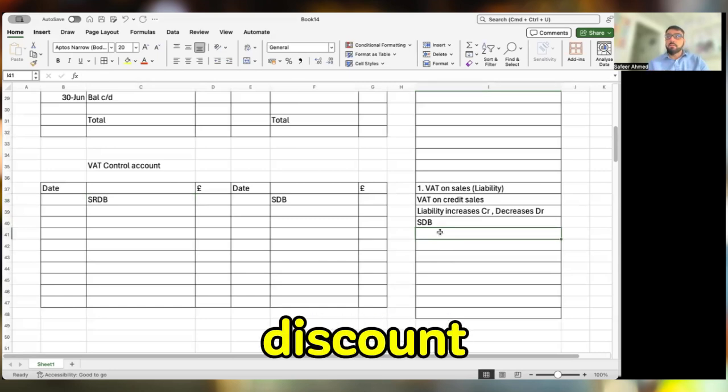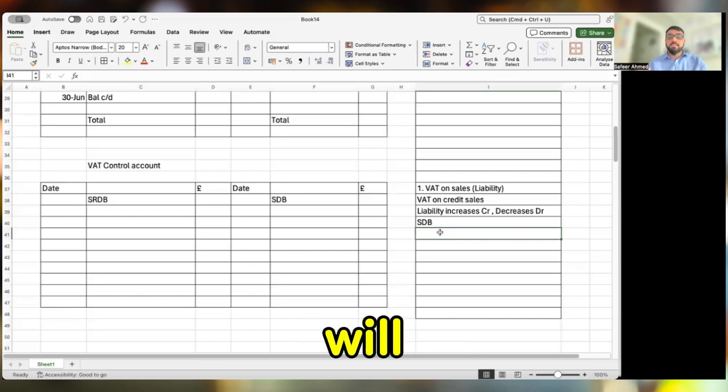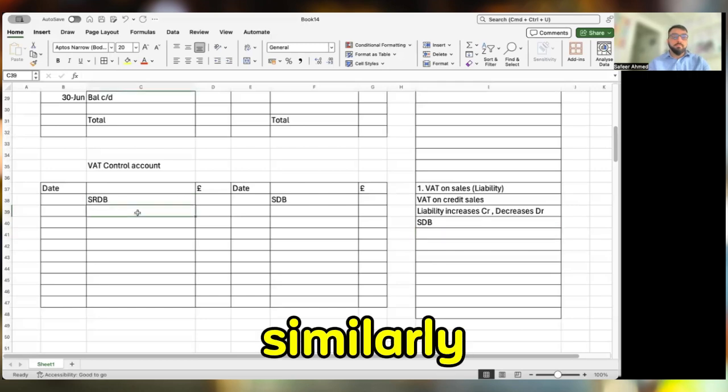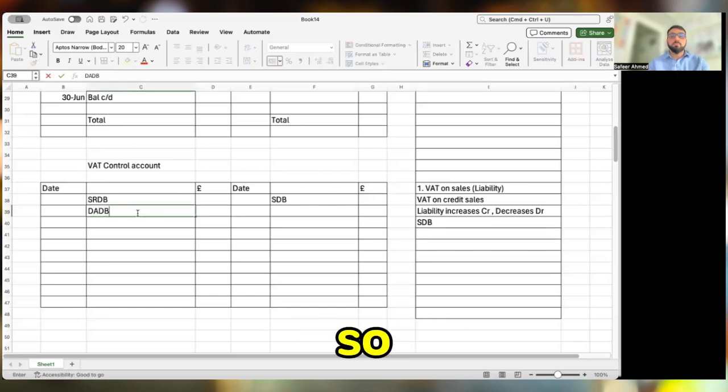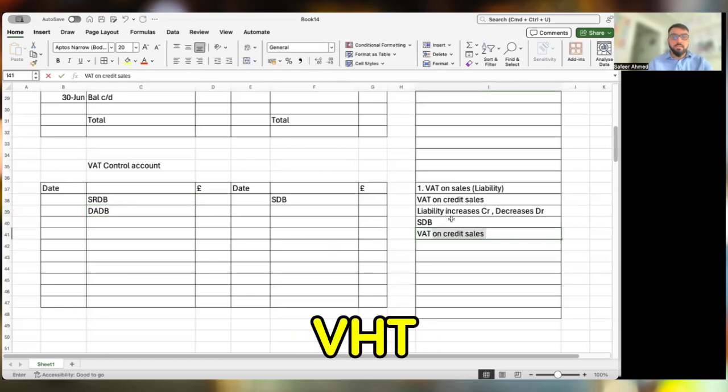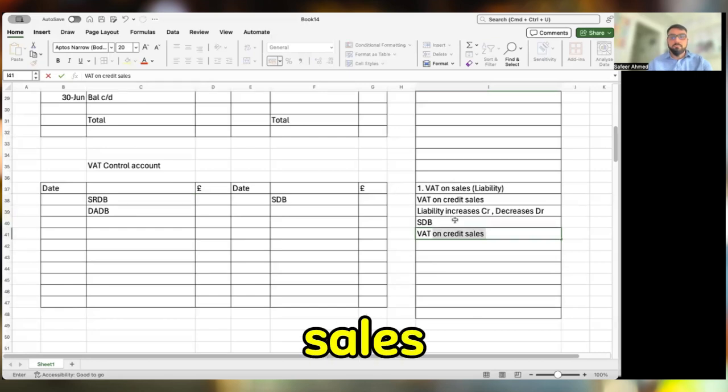Any VAT on discount allowed will decrease the liability, as we don't have to pay this VAT to HMRC. So similarly, VAT from the discount allowed day book will go on the debit side. So we dealt with the VAT on credit sales. Now VAT on cash sales.